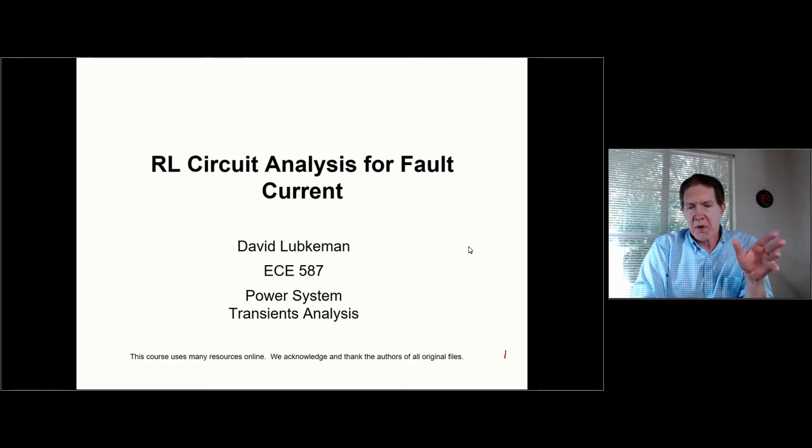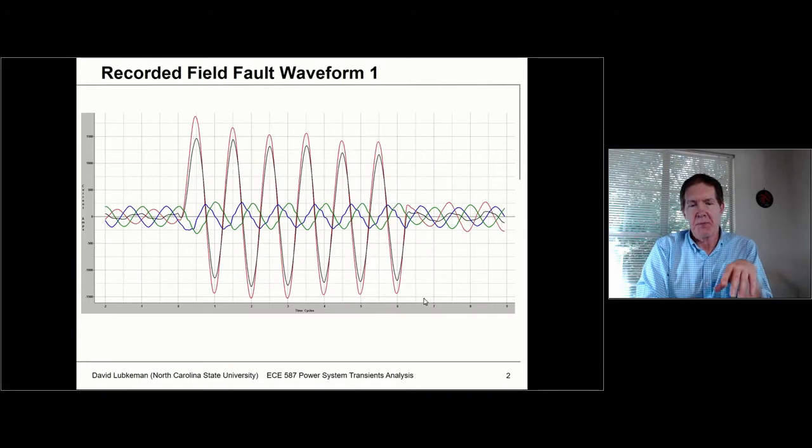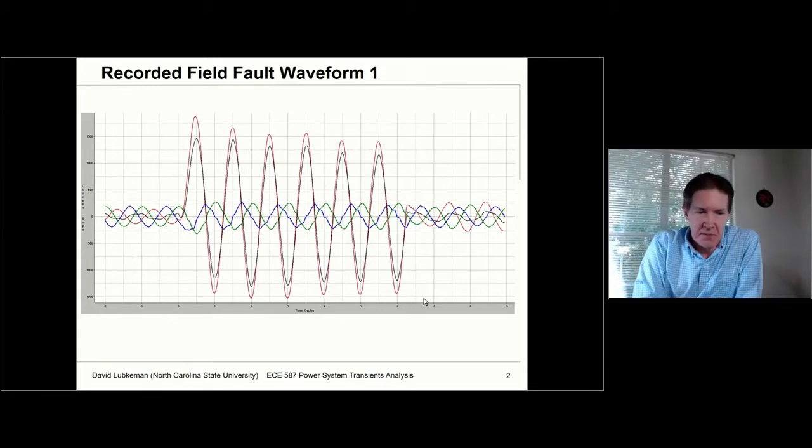Before I get into this material, let's talk a little bit about what these waveforms might look like, because I'm not sure if you guys have ever seen snapshots of these before. Here's a recorded field waveform that was taken from a measurement device in the substation.